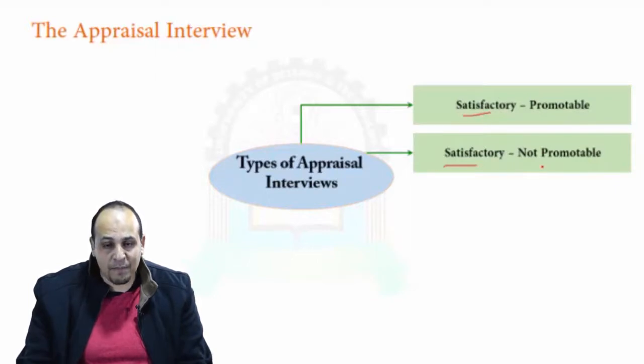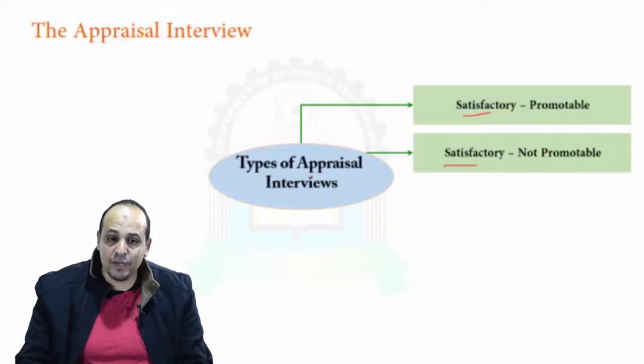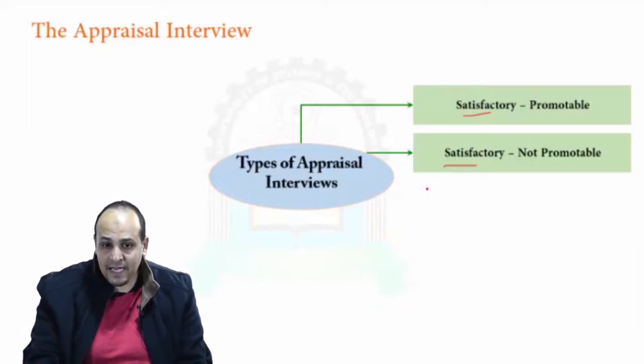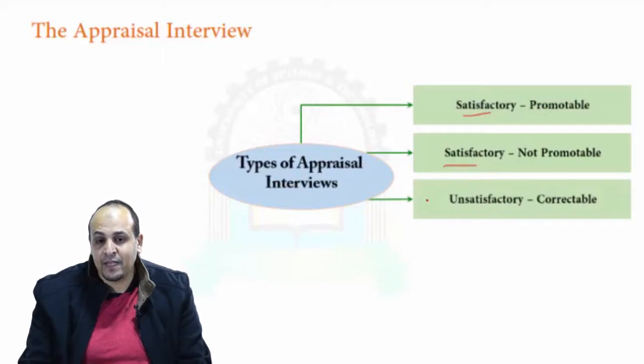So here it cannot be promoted. Promotion is not a choice, but another choice that can be discussed in the interview is, for example, incentives to be given to the employees for the good job he or she has exhibited.